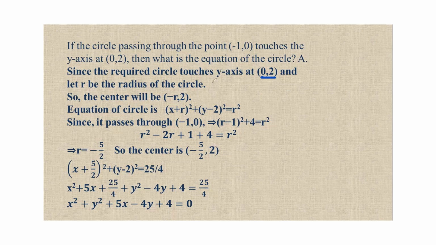Here the center is (r, 2). The equation of the circle is (x plus r) squared plus (y minus 2) squared equals r squared.